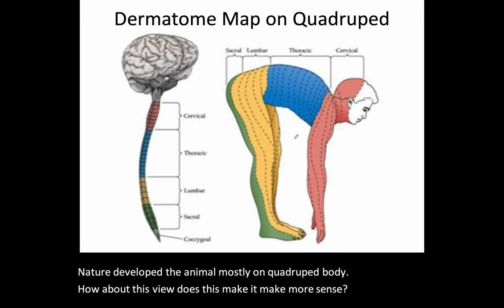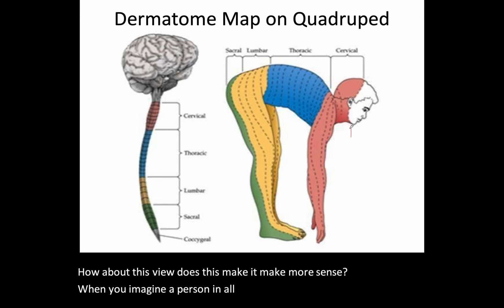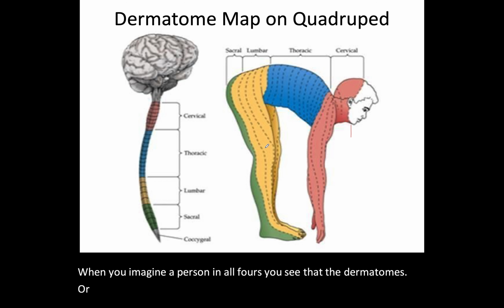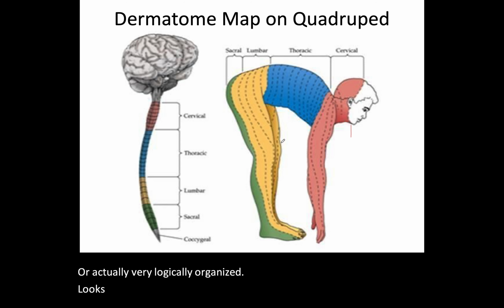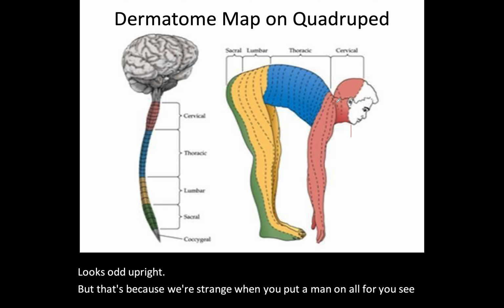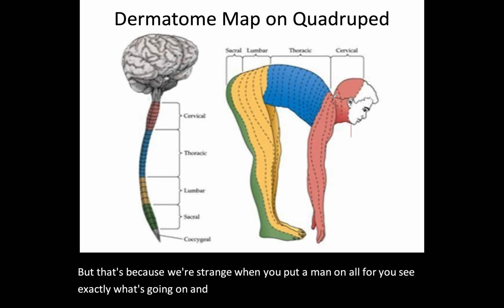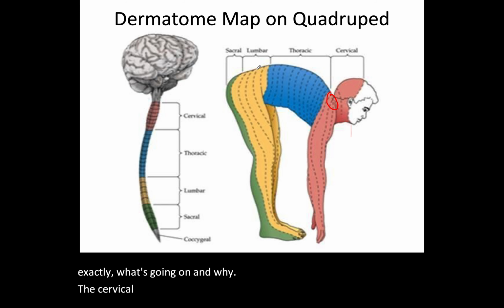When you imagine a person on all fours, you see that the dermatomes are actually very logically organized. Looks odd, upright, but that's because we're strange. When you put a man on all fours, you see exactly what's going on and why the cervical vertebra service the arms, why the lumbar vertebra service the legs, and the lower back.